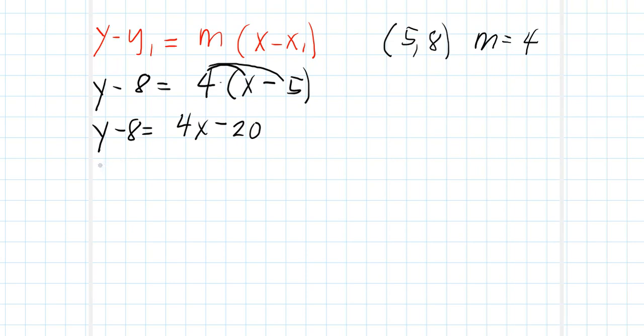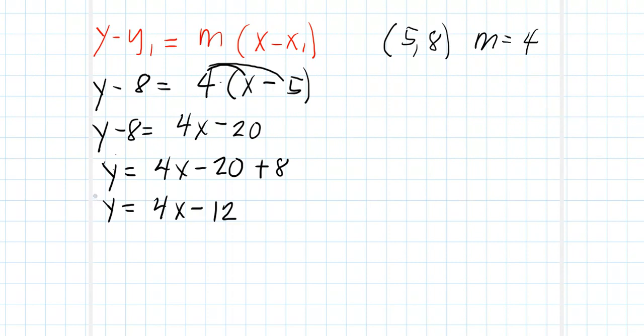Combine similar terms. Then transpose negative 8, which becomes positive. So y equals 4x; negative 20 plus 8 is negative 12. So therefore, this is now your equation in the y form. Okay?